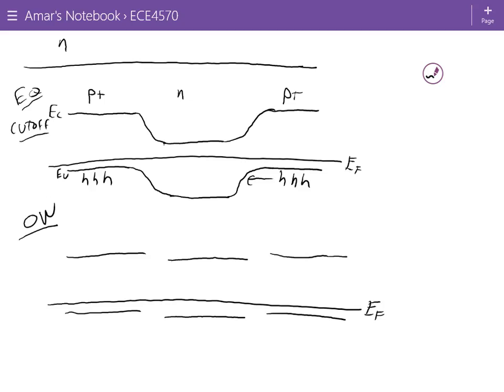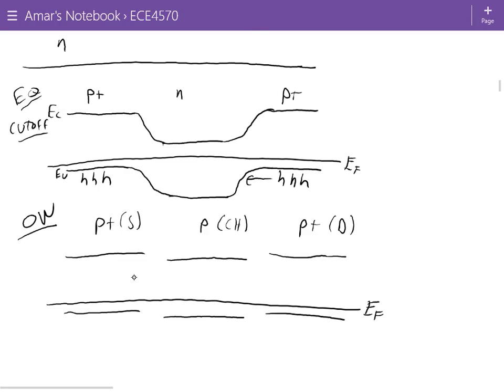All right, so the middle here would be P-type. This is P plus. This is P plus. Remember, this is the source. This is the drain. And this is the channel region underneath the gate. Connect these guys together. All right, this is what the band diagram looks like in the horizontal cross-section when the device is turned on.